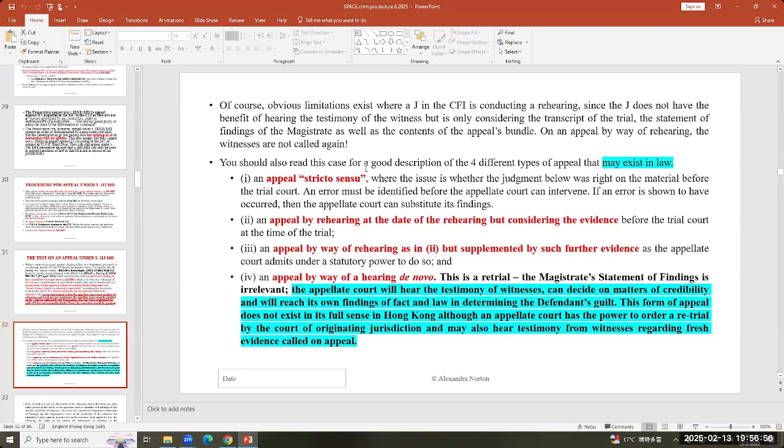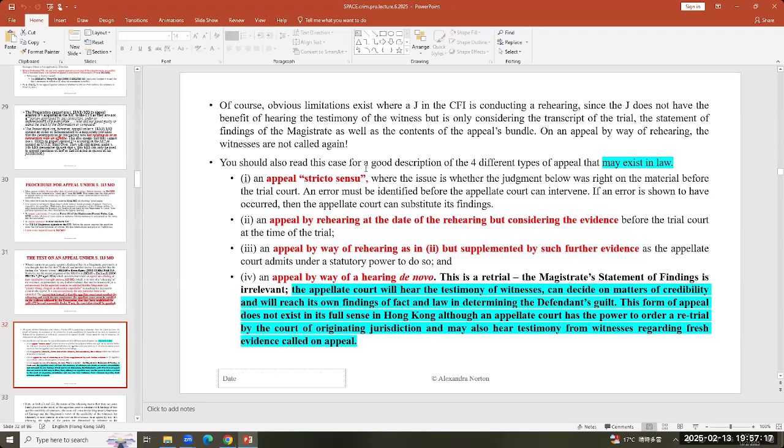The CFI judge doesn't conduct the retrial himself as part of the appeal. No, there is no appeal by way of a hearing de novo in Hong Kong.